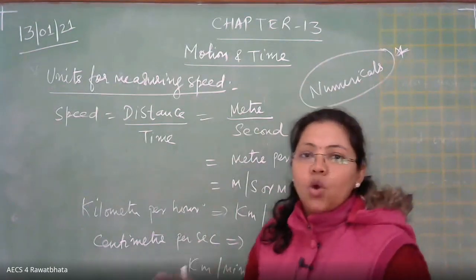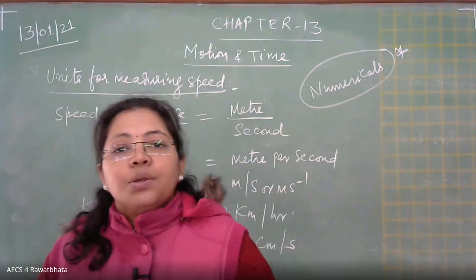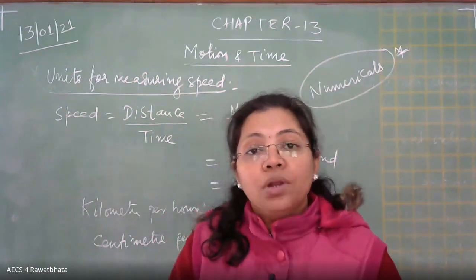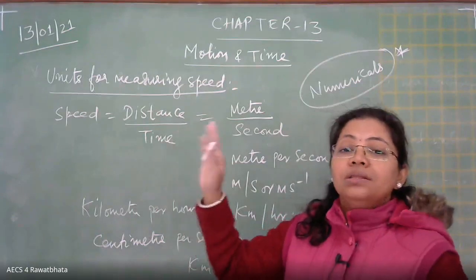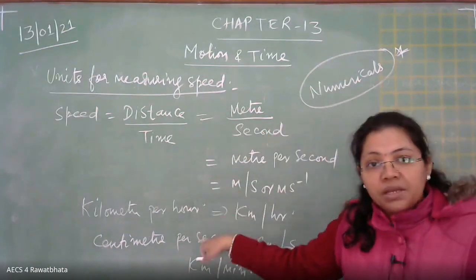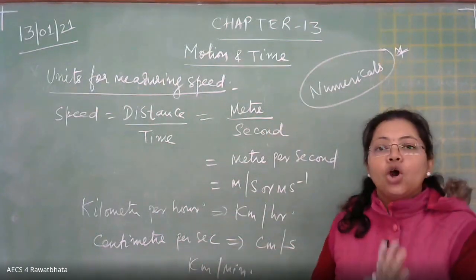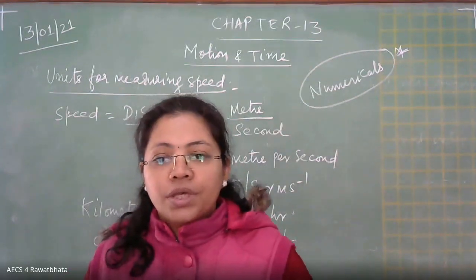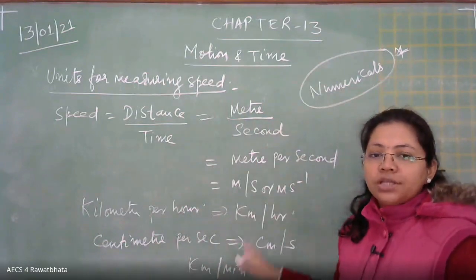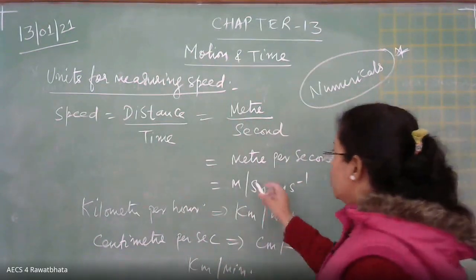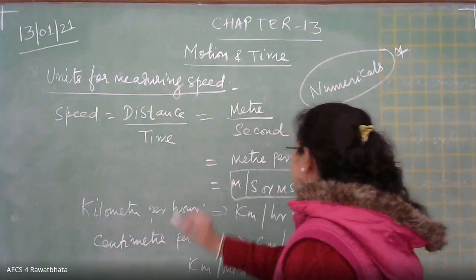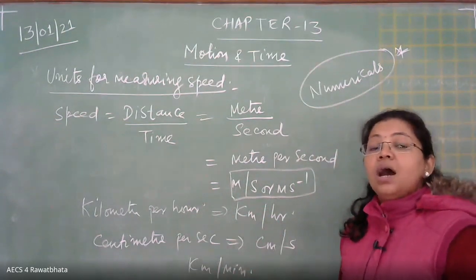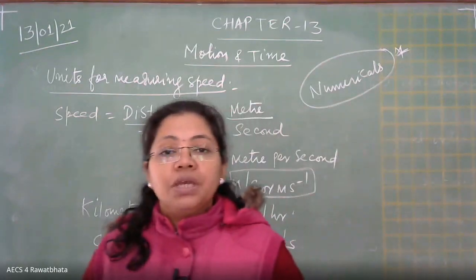So I hope your concept is clear about what is speed, how to calculate speed, how to calculate average speed. All these concept based numericals will be sure in your paper. A numerical from this chapter definitely comes. So make sure that the concept is clear, right? So the SI unit for speed is meter per second, and these are the other subunits which we use.